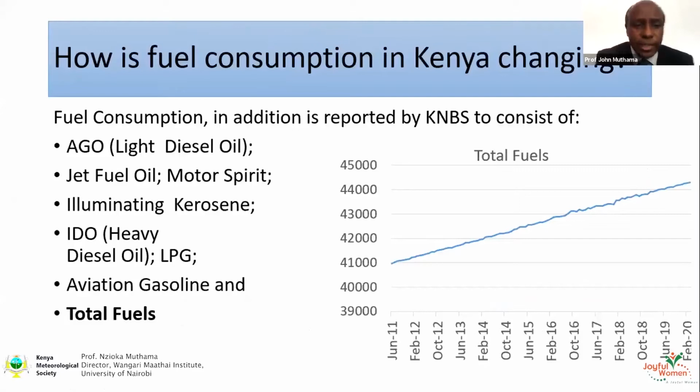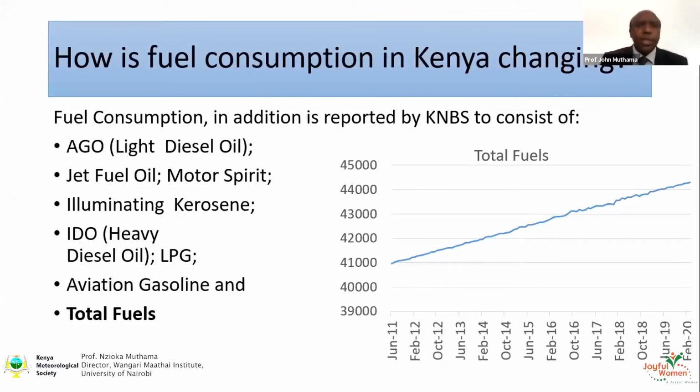We have light diesel, petrol, which in KNBS is called motor spirit, kerosene, heavy diesel oil, aviation gasoline, and we also have the totals. The projections show a continuous increase of this fuel. We are starting from 2011 up to last year, and there's a clearly evident linear trend.